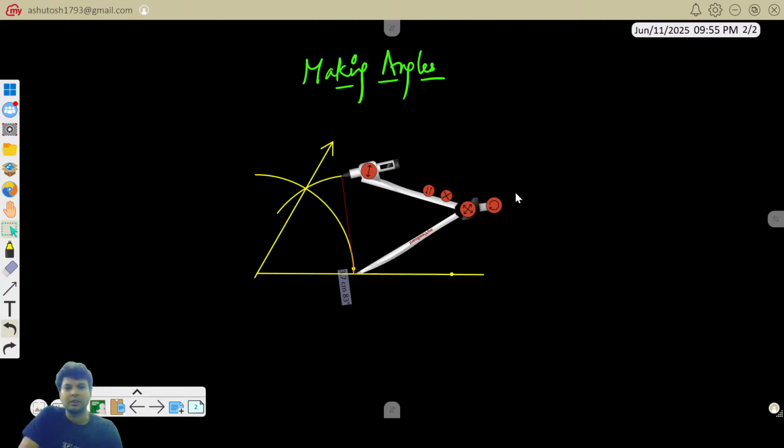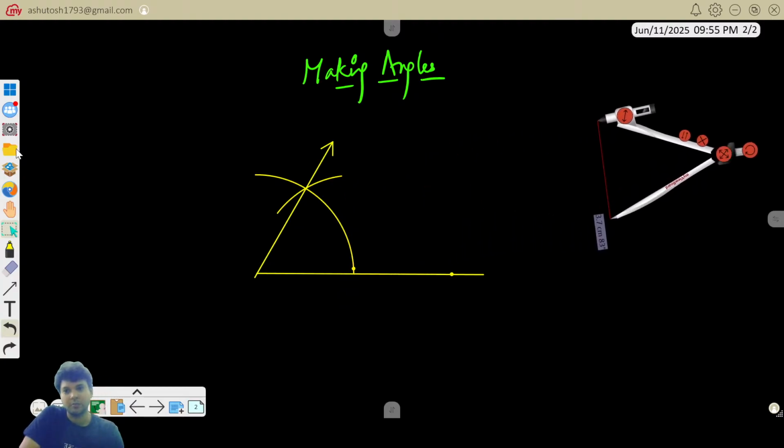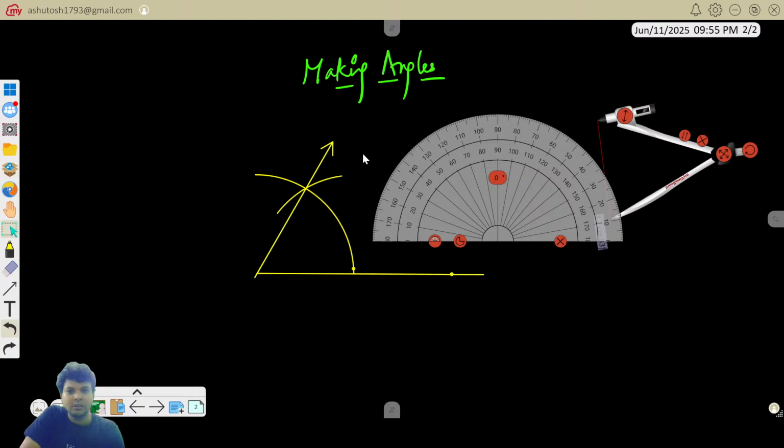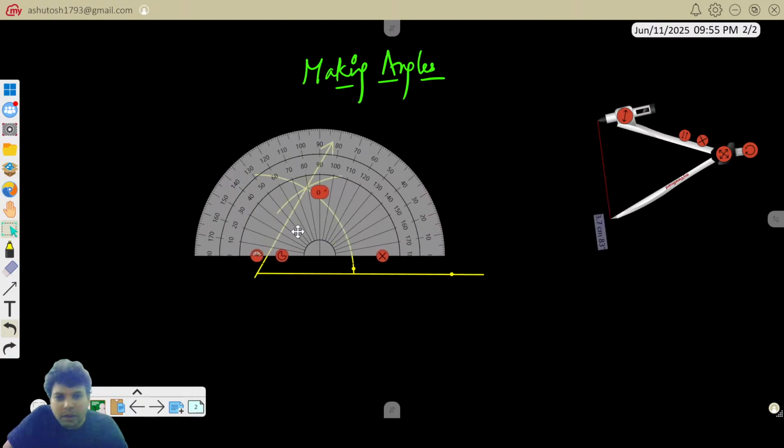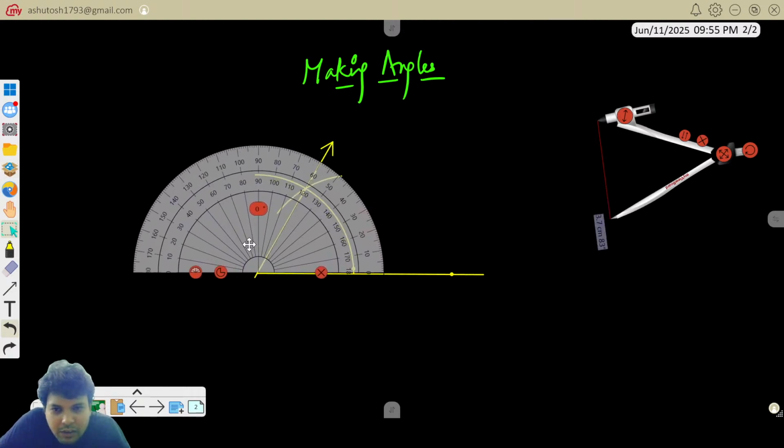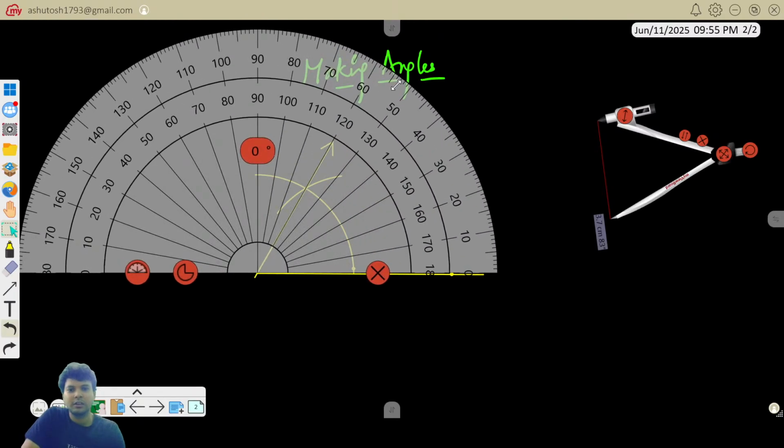Now, this seems interesting, but the interesting thing about this is that if you measure the angle from here, you will find that it is exactly 60 degrees. Can you see that? Yeah. It is exactly on that same line. Right? Exactly on the same line.